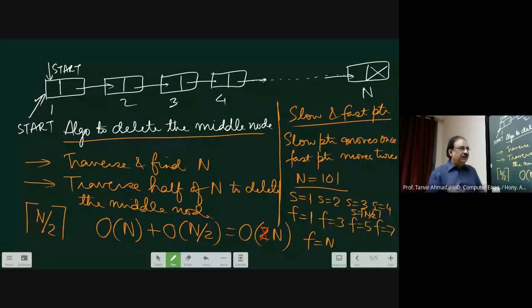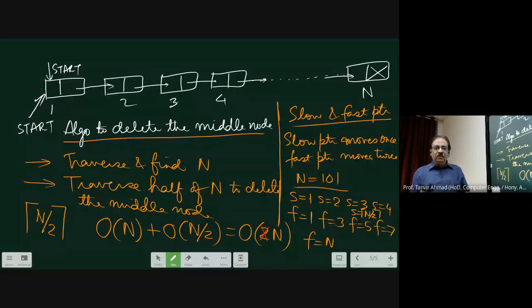Now if n is 100, the slow pointer will be at the 51st. And by that, you are going to delete that node. If you do not want to delete the 51st node, take the floor.